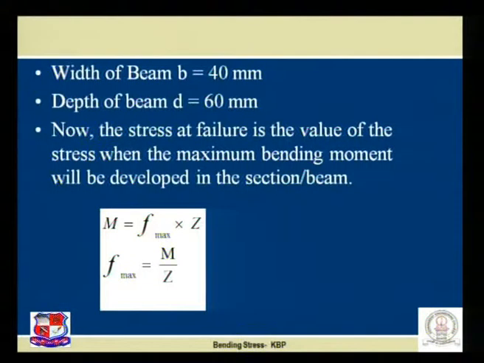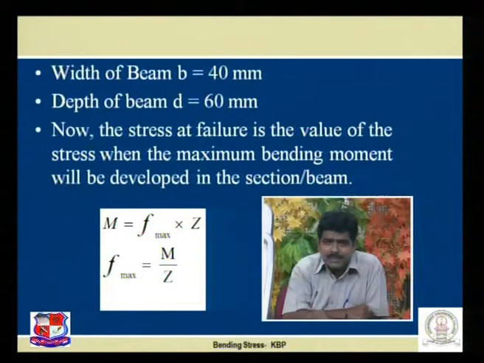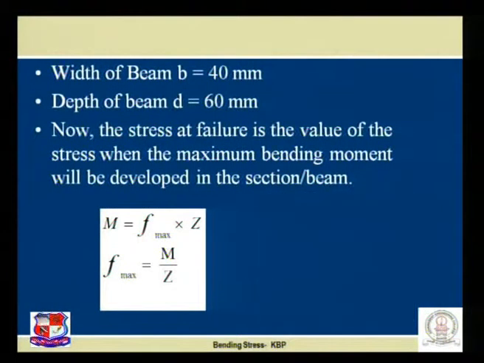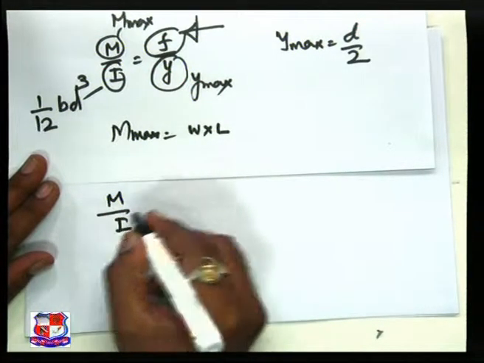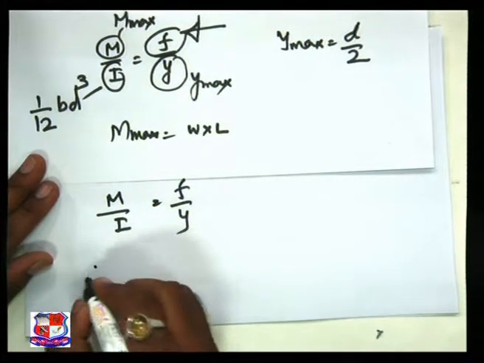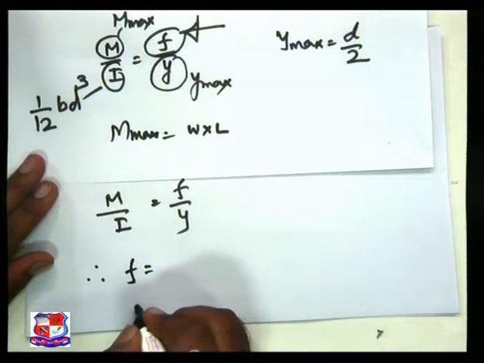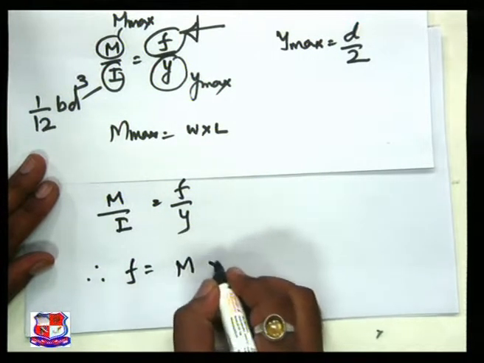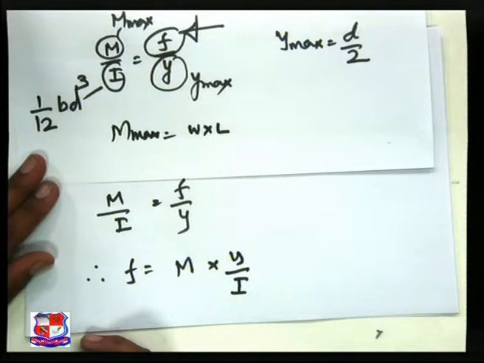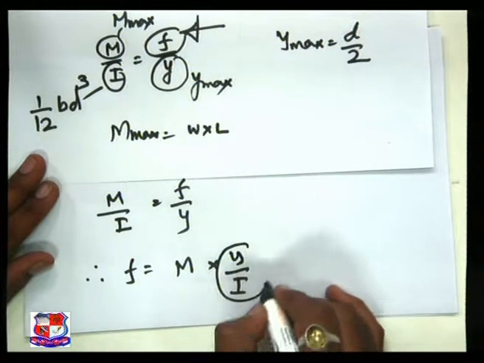So F max is equal to M by Z. Please come to this tabletop. M over I is equal to F over Y. Therefore F is equal to M into Y by I. What is Y by I?